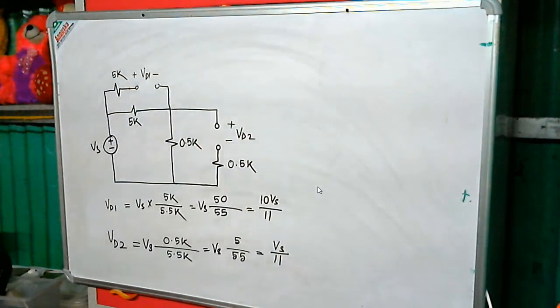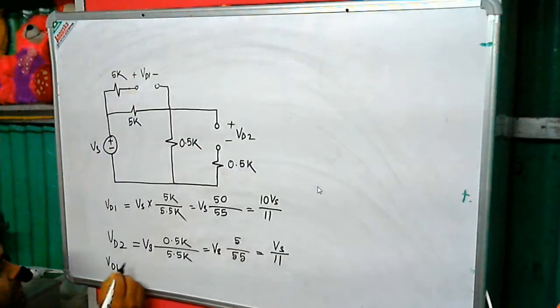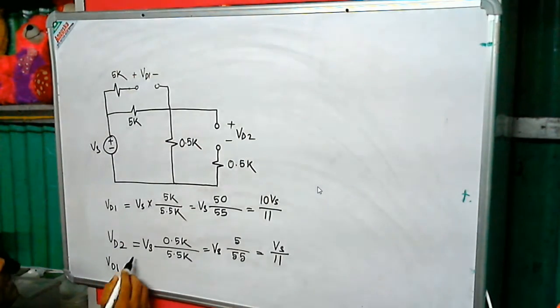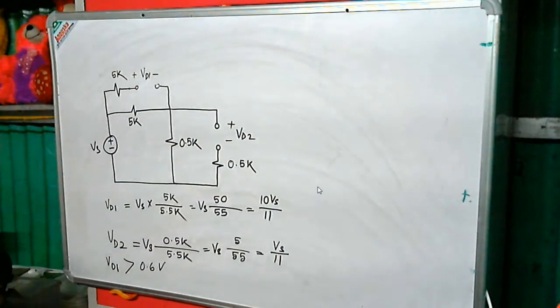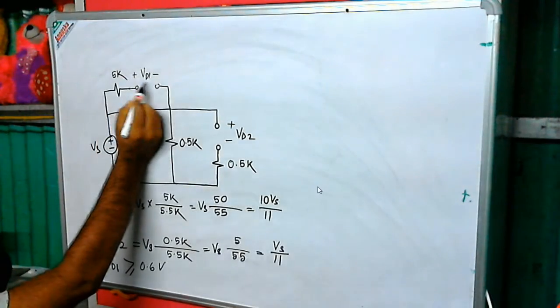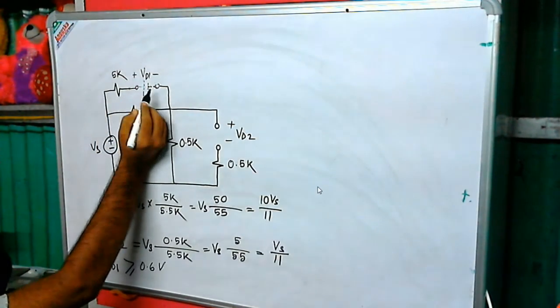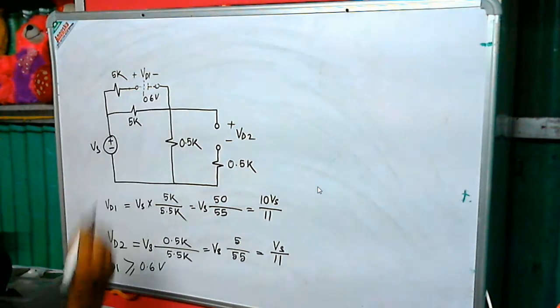So when your VD1 is greater than or equal to 0.6 volt, because the diode cut-in voltage is 0.6 volt, at that time you can replace this diode with a voltage source of 0.6 volt.